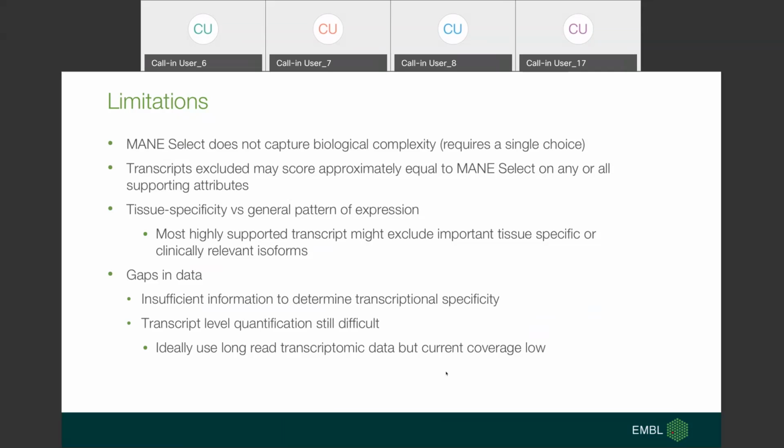This is something that we did not necessarily expect, but it's become clear that for some genes, we just don't have enough data that's pipelinable, or even manually, that we can make good sense of. It's not available. We know that this will change. We know that there's additional data that's being produced, and maybe a few years from now, we might be able to make a better decision. But the MANE Select set is a snapshot of the data we have now.